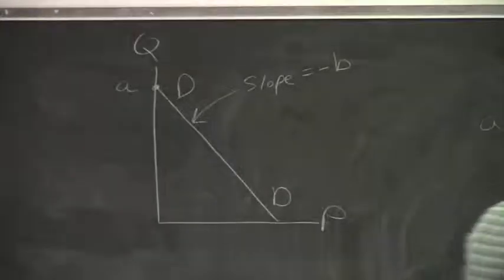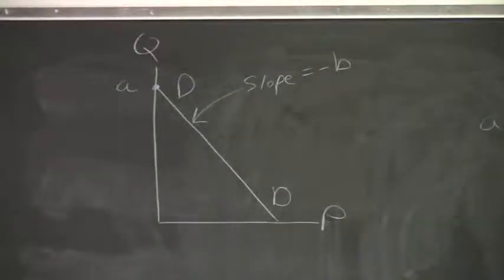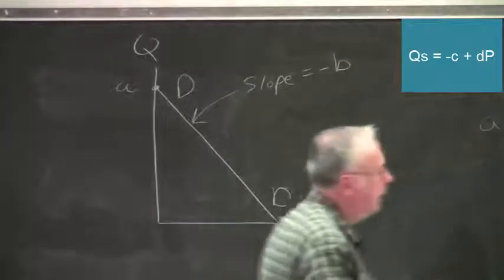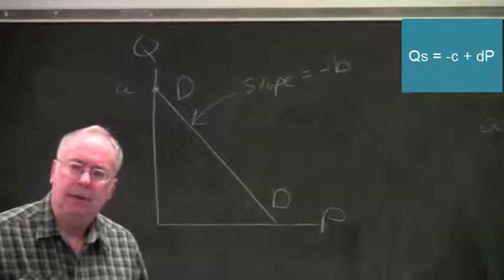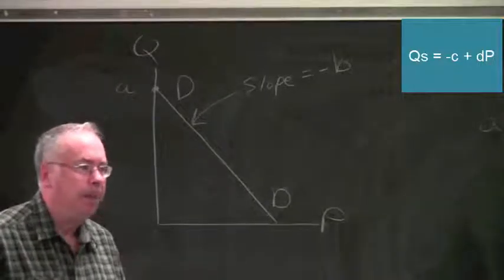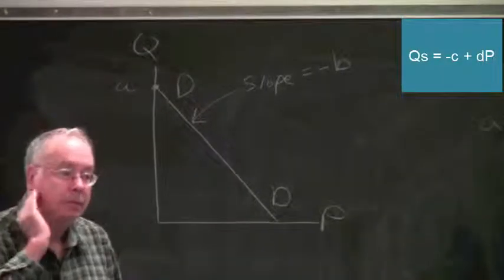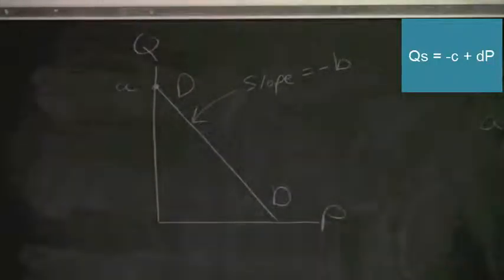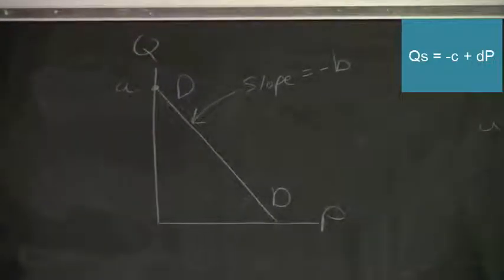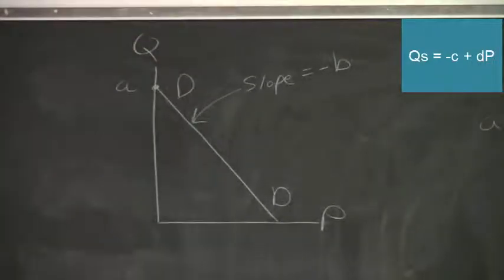What about this parameter right here, minus C? How would you describe that geometrically? It is the intercept of which curve? Of the supply curve, right?